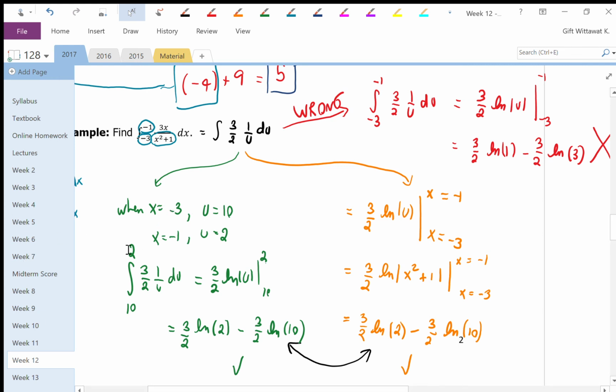You can change the endpoints so that they correspond to u, like what I did in the first case. Or you can integrate in terms of u, but substitute x back in so that you can plug in the values of x. These two methods are equivalent. So if you know one, you should know how to do the other, but just make sure that you don't go in with the incorrect way.